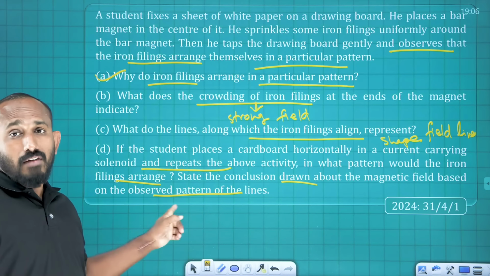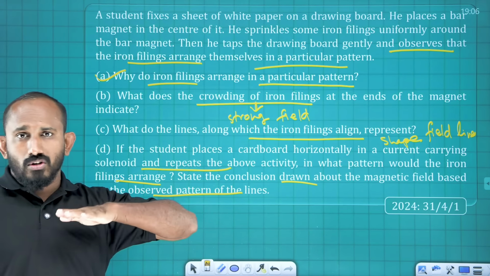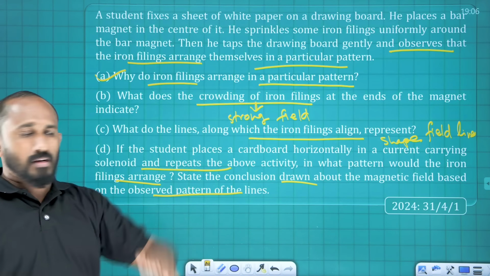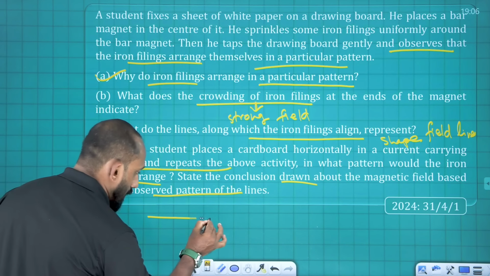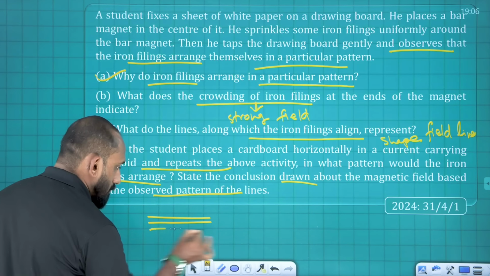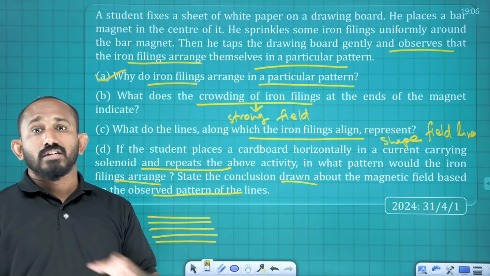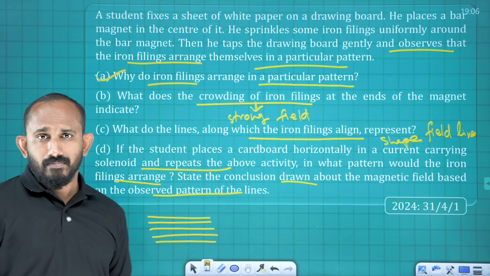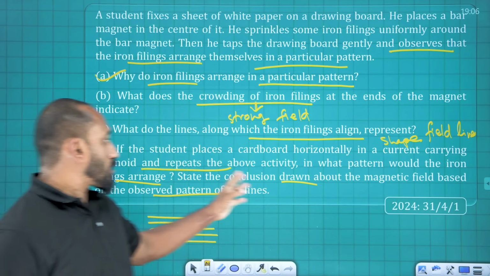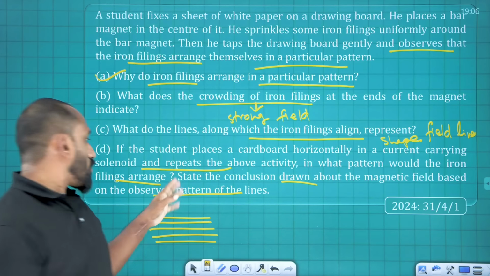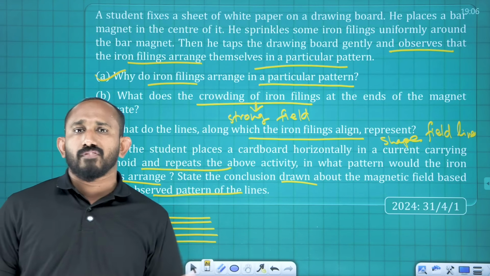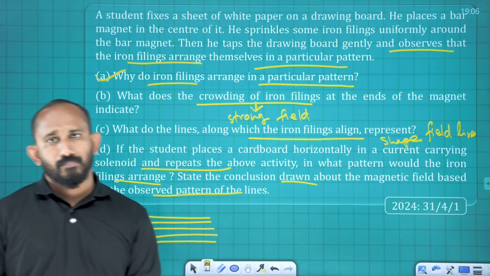So if it is done with a solenoid, with the paper kept horizontally and the solenoid kept in between, then the iron filings will be aligned in parallel lines. What does it show? It gives a uniform magnetic field. Then state the conclusion drawn about the magnetic field based on the observed pattern. So it will be a uniform magnetic field throughout the interior part of the solenoid.